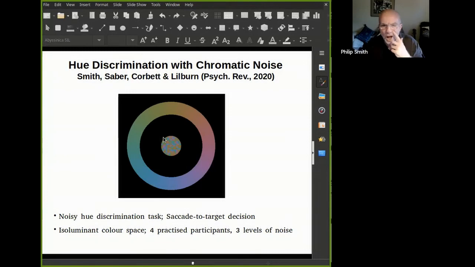So this was an eye movement decision task, a kind of analog to the widely used task with monkeys. And so we did this with a small N design with 4 practiced participants with varying levels of chromatic noise to vary the difficulty of the task.